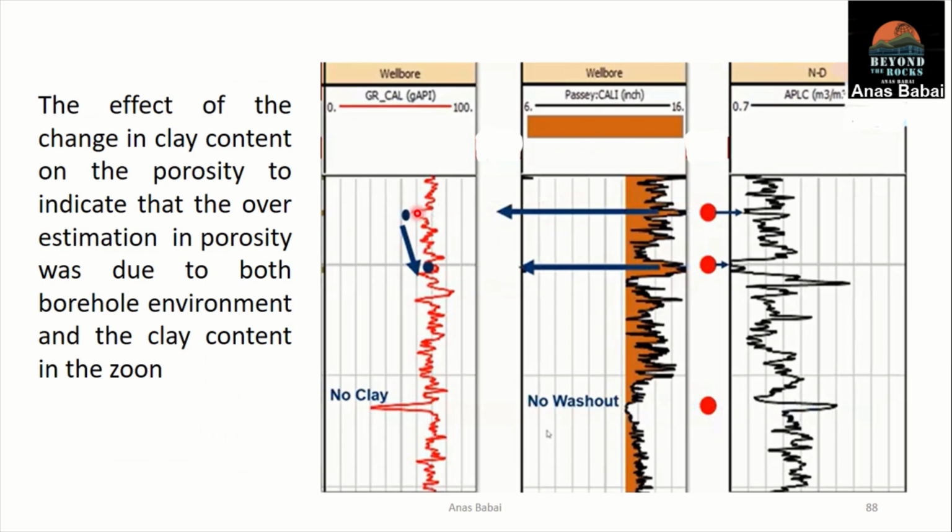We can see here that this gamma ray value is less than the gamma ray value in this one. And if we come to the Caliper Log and we see the amount of caving in this interval and the amount of caving in this interval, we can see that the caving in here is more, like the log is reading even more than the 60 inch, while here it's around the 60 inch.